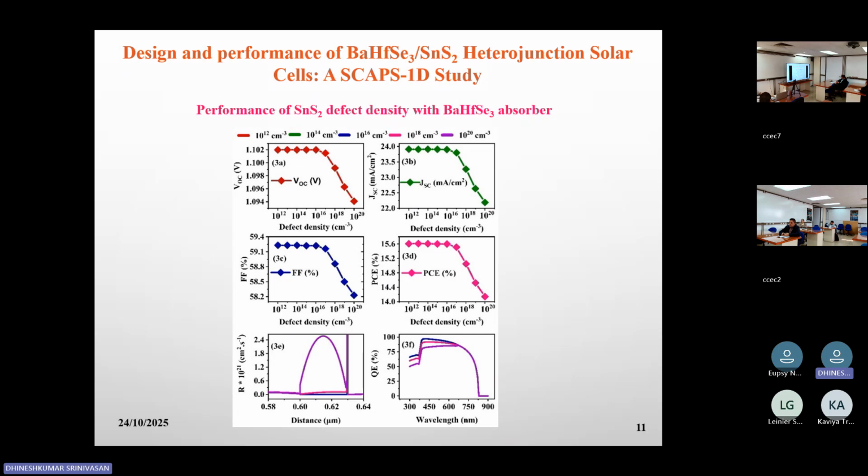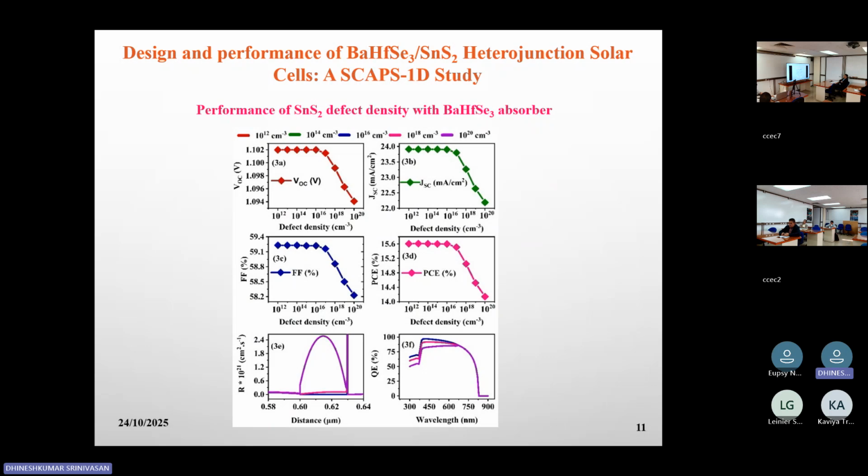The corresponding changes in the photovoltaic parameters, VOC, JSC, and fill factor, are shown in this figure. The result shows that the device performance remains stable when the defect density is less than 10^14. Beyond this threshold, a gradual decline occurs with the PCE dropping from 15.61% to 14.41%, indicating a noticeable reduction in energy conversion efficiency.